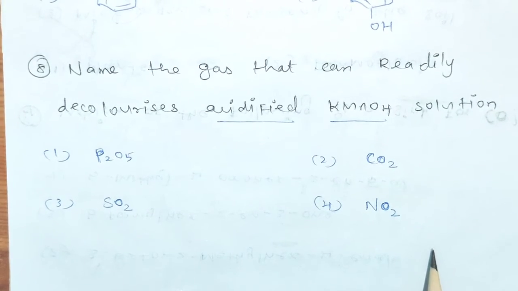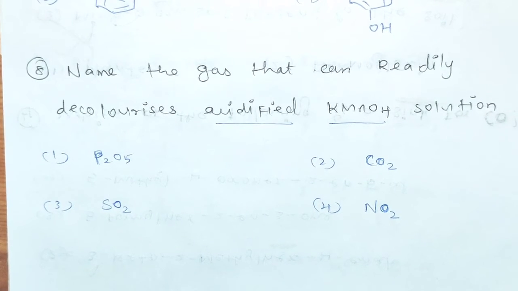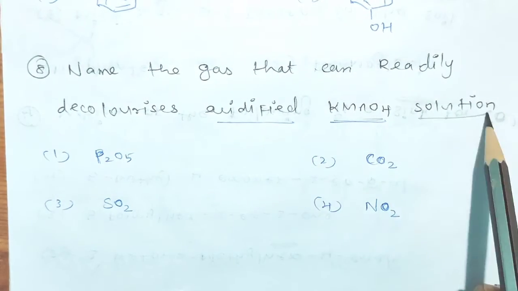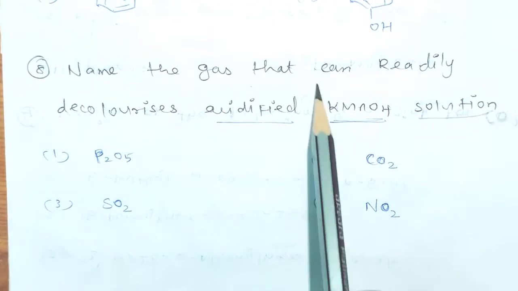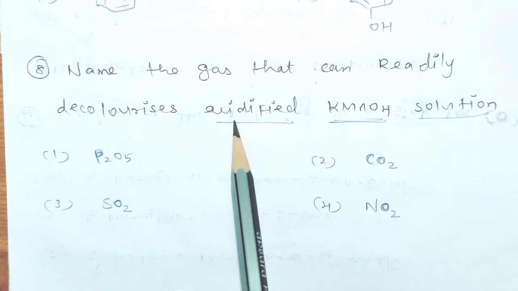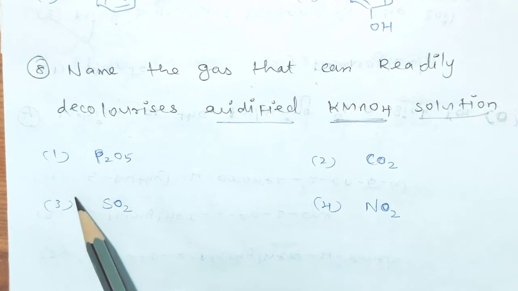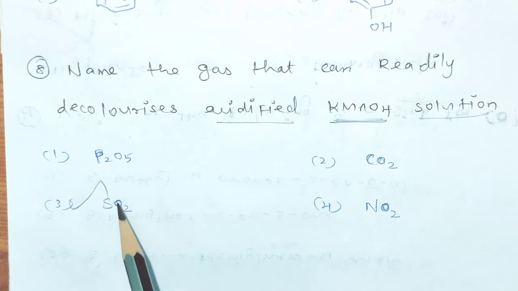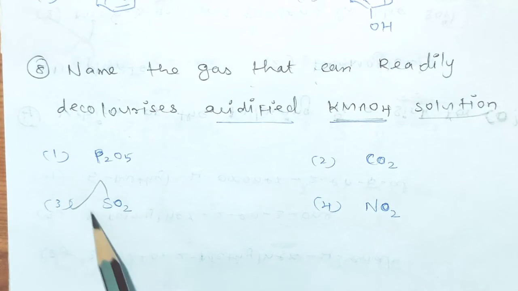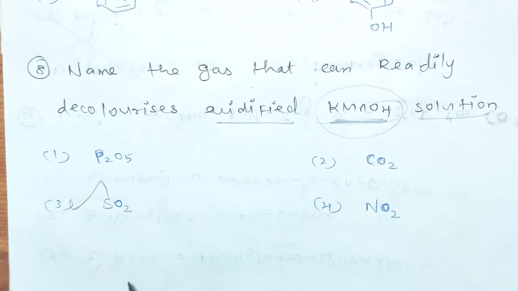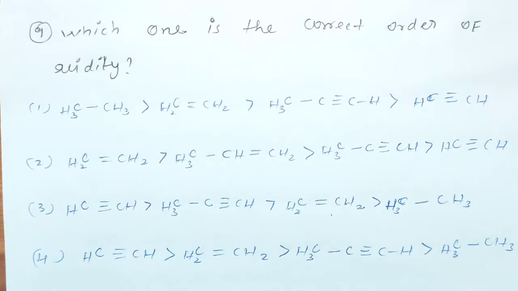Next question: name the gas that can readily decolorize acidified KMnO4 solution. Generally this is SO2. When this gas is added, it decolorizes the acidified KMnO4, right?